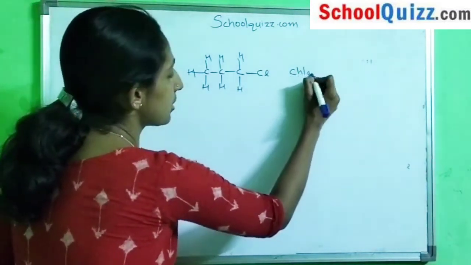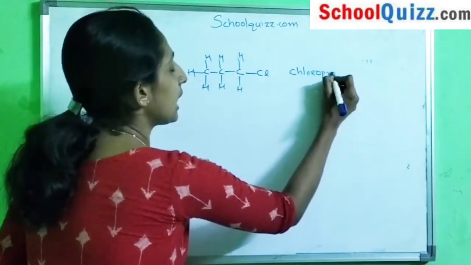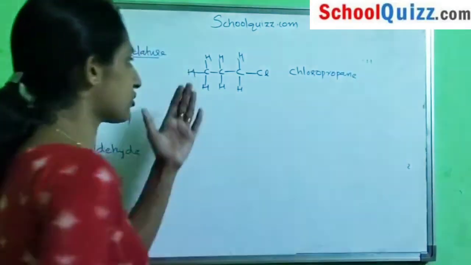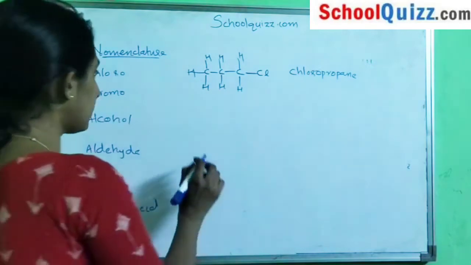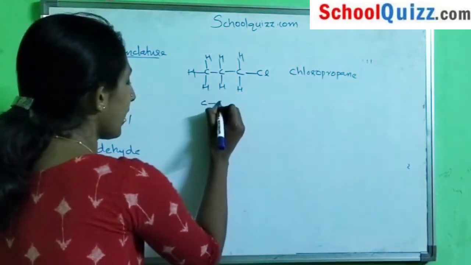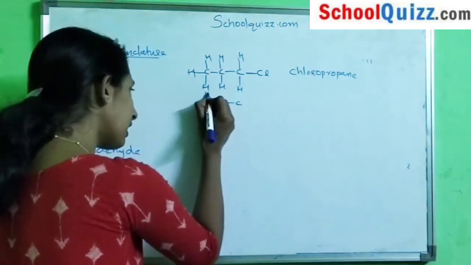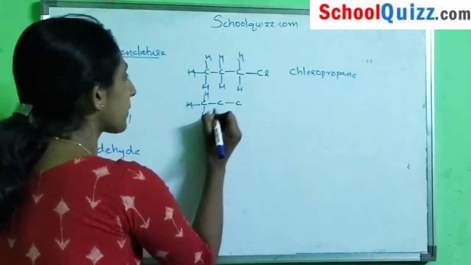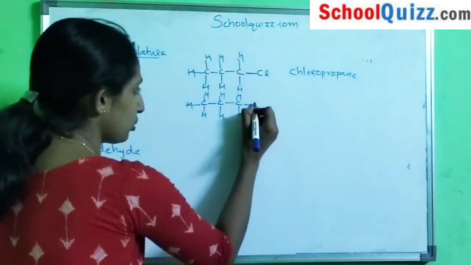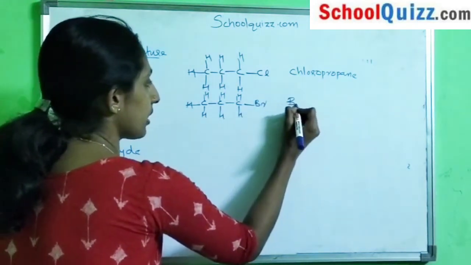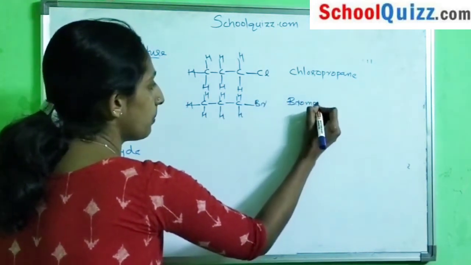We have to study both the structure and name of the compound. Next we can substitute bromine. Again we draw the carbon chain, fill the valencies and substitute bromine. So it is known as bromopropane.